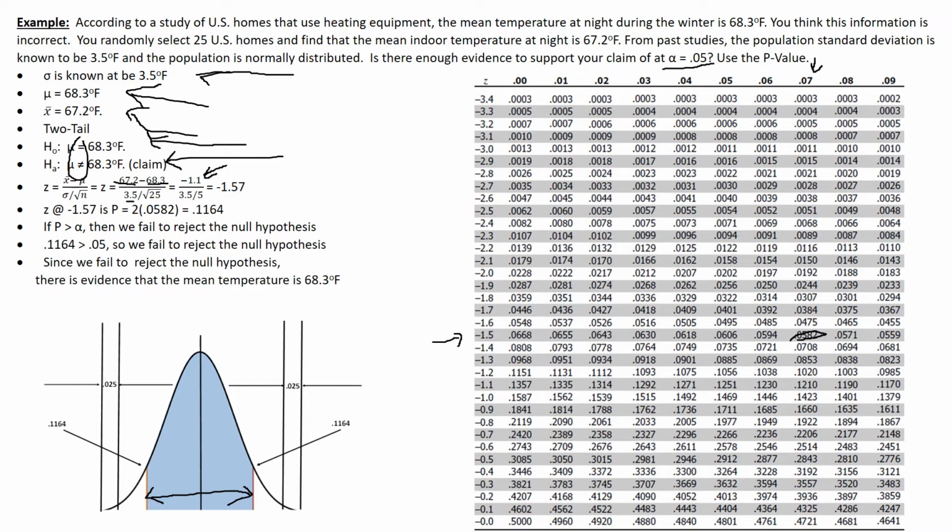It's between 0.1164 on the left, 0.1164 on the right, and my acceptance range 0.025. So we would fail to reject the null hypothesis. We're saying it passes the null hypothesis, and it doesn't change. So it does not support our claim.